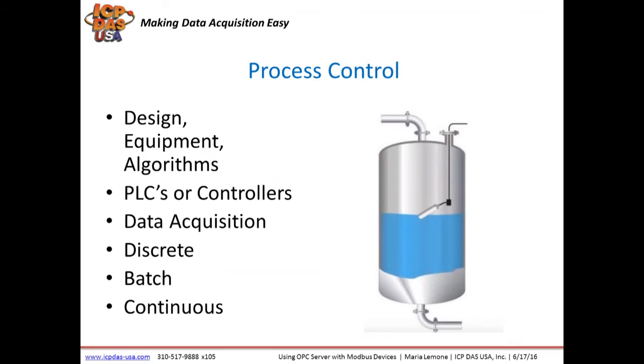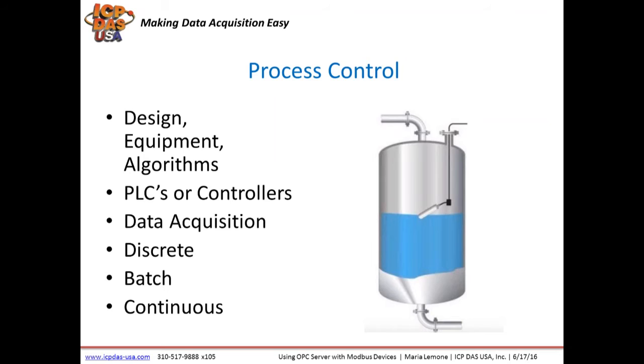Process control deals with system design, equipment, and algorithms. It helps to maintain outputs based on conditions. Applications like controlling the temperature of a stream of water by controlling the amount of steam added to a heat exchanger, which will heat up the water accordingly, is a discrete type process control, which is used where the same product needs to be produced over and over.